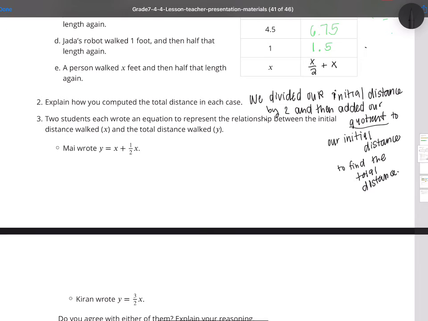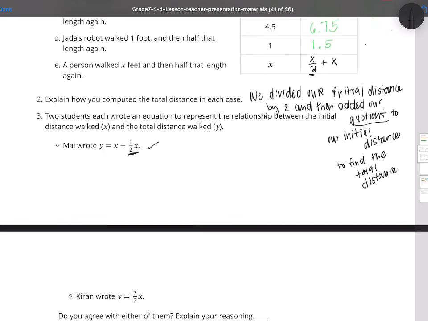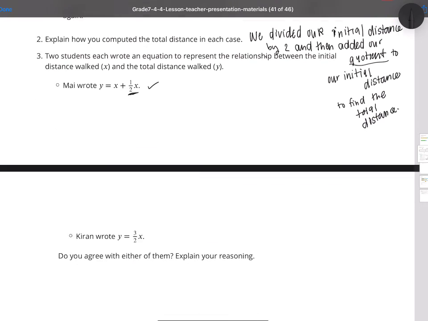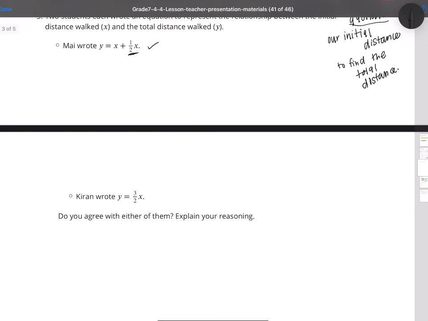Dividing by 2 is the same as multiplying by 1/2. If you guess yes, you are absolutely correct. So look at Kyron's one, which says 3/2 x. Here's the reason why Kyron's is correct.